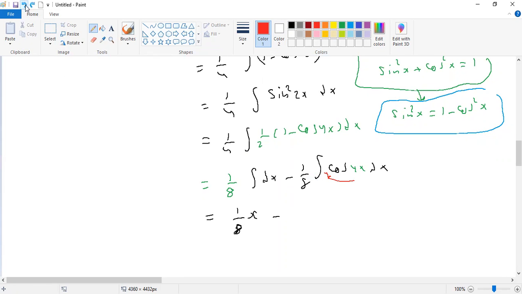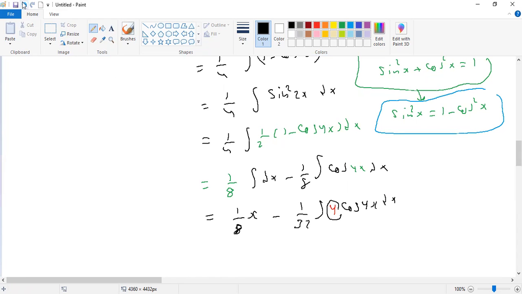If you multiply by 4, it will be in this way. I have 1 over 32 divided by 4, and here multiply by 4, for cosine 4x dx. Now the derivative of 4x is 4, and divide by 4, so it will be 32.